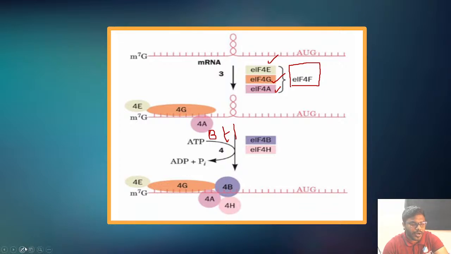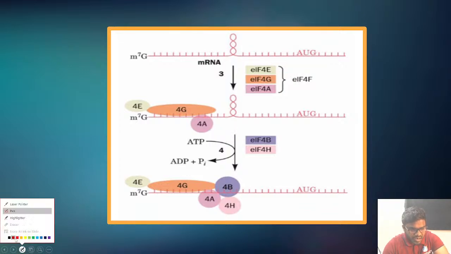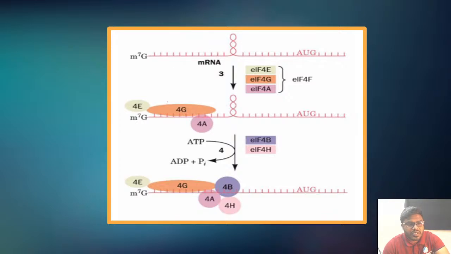Very, very simple point. And friends, every one of you listen to me very carefully. Here there is a presence of G, right? And friends, what can I call the protein G? I can call it the scaffold protein. What is the function of a scaffold protein? We all know, right?